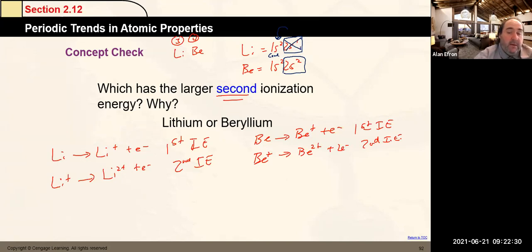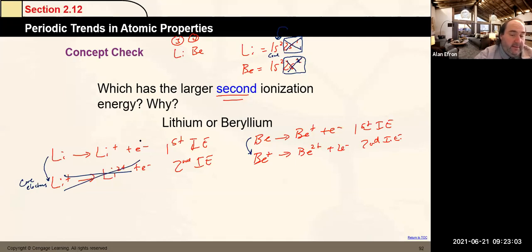It usually doesn't happen. When we look at beryllium, it loses the first electron, which would be here, and the second electron, which would be here, and both of those are still valence electrons. So although the ionization energy will increase as we go from here to here, it will still be smaller than the second ionization energy we see for lithium, because there we're getting into core electrons, which usually does not take place.